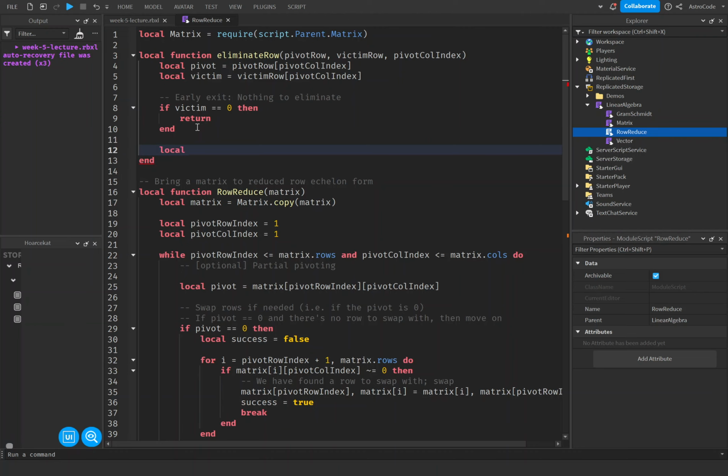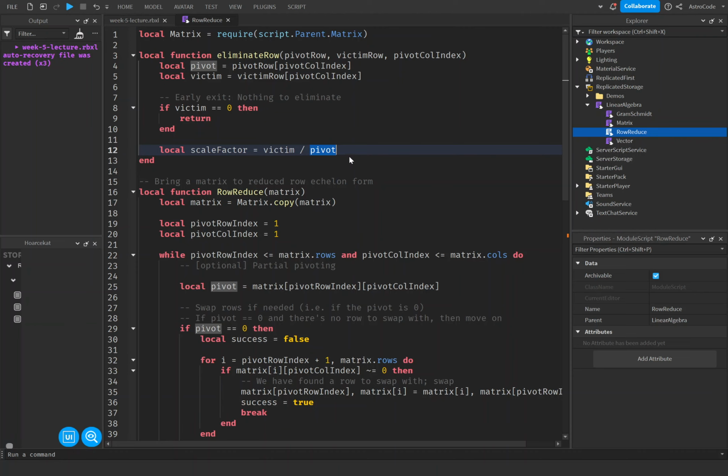So then the scale factor we're going to use to eliminate: we're going to divide the victim by the pivot. Remember, we're not implementing partial pivoting today, but the point of partial pivoting is so that when we do this division, the pivot is not some really small number that builds up numerical error.